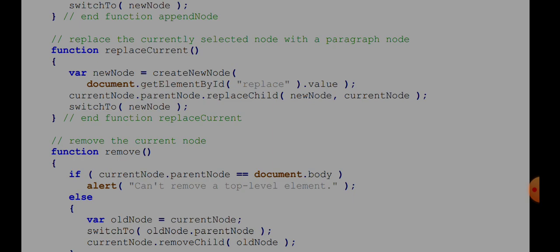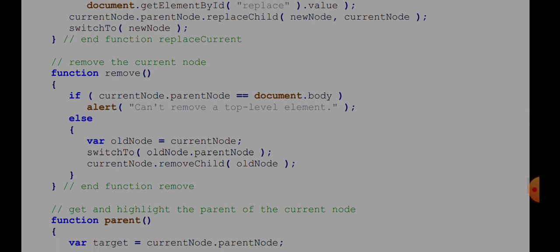Like the insert before function, we need to provide the reference of the parent node, the new node and the current node. How can you get the parent node? Current node dot parent node. After that you can call replace child. Which child is replaced? The current node is replaced with the new node. This function is for doing that.